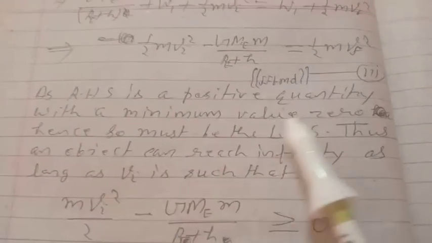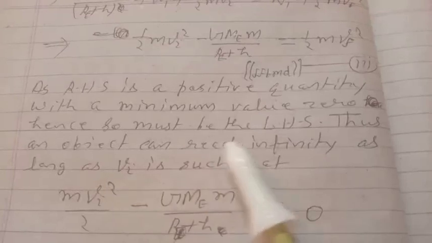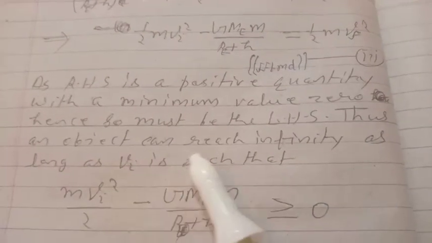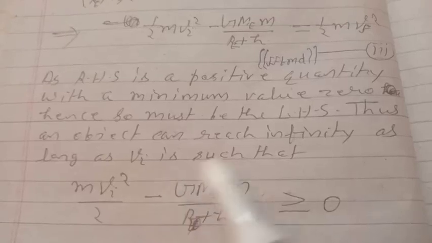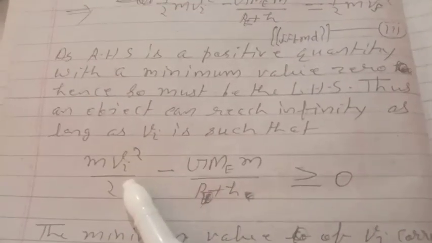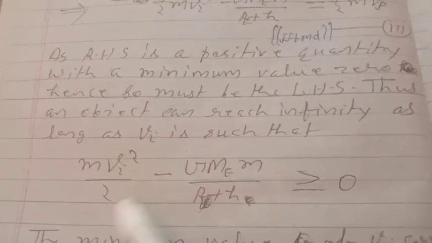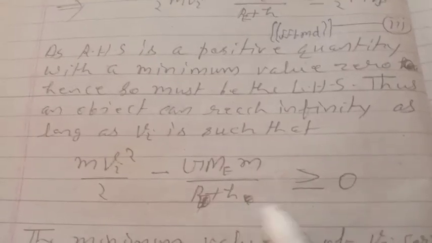As the RHS is a positive quantity with a minimum value 0, so must be the LHS. Thus, an object can reach infinity as long as Vi is such that Vi square by 2 minus G Me by Re plus h is greater than or equal to 0.